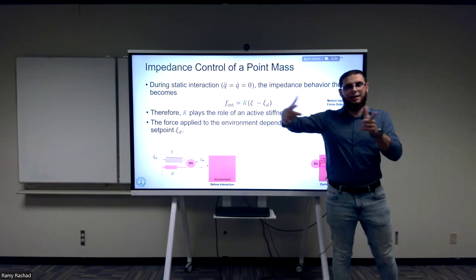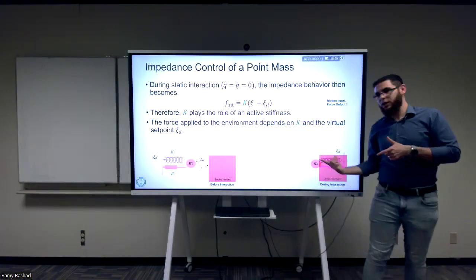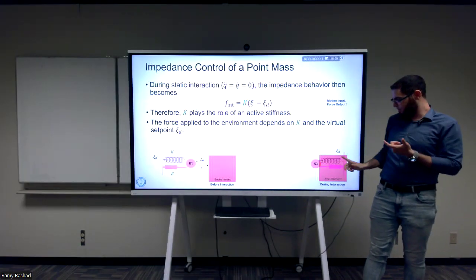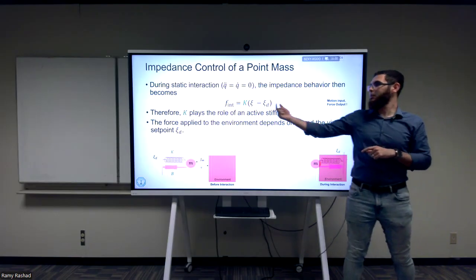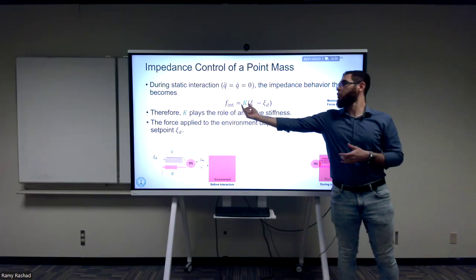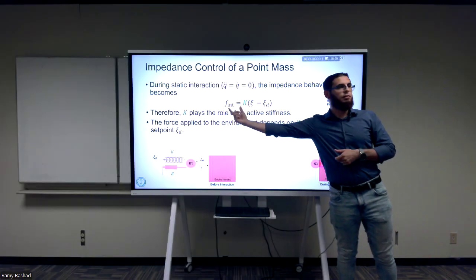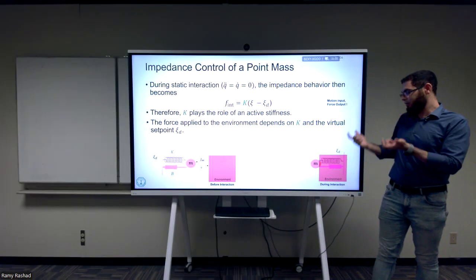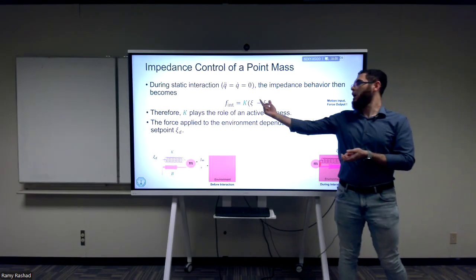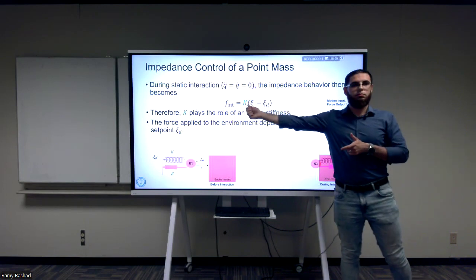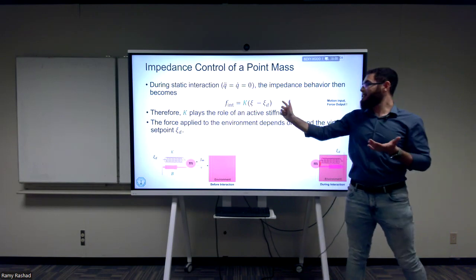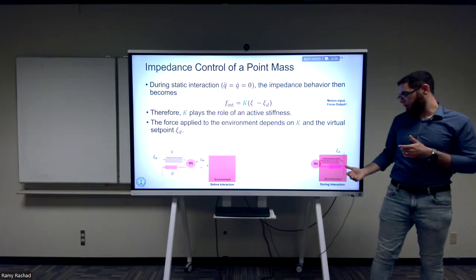But there is just a difference, an elongation of the spring, of the virtual spring, which is the distance between psi desired and psi, the relative distance between them, and multiplied by the gain that I have in the controller will give us the interaction force. So if I want to have an interaction force, I would just either move psi and psi desired or make the gain higher. What is the minimum psi minus psi desired they require?